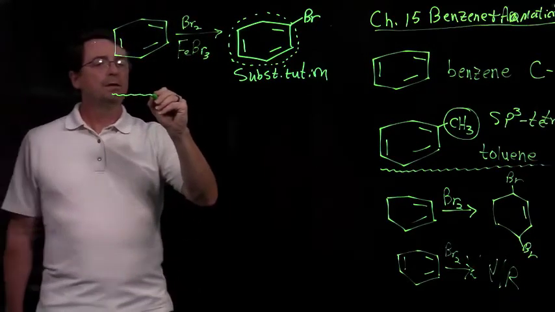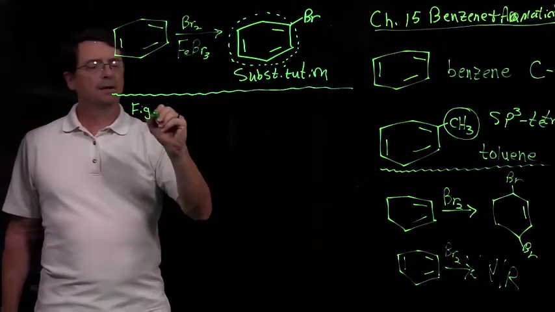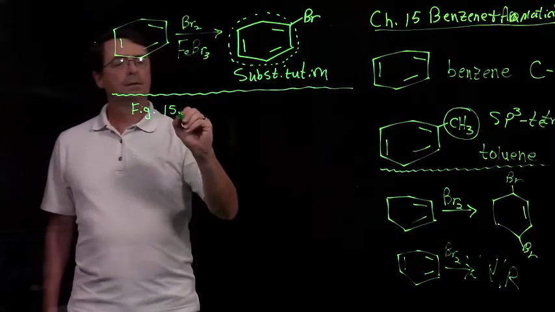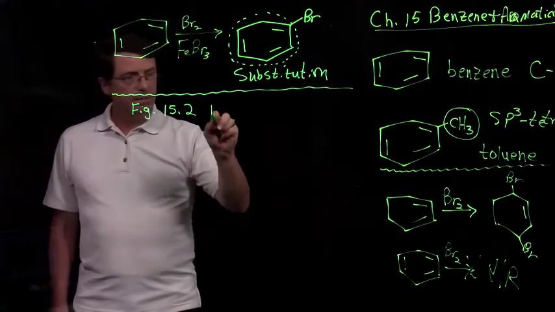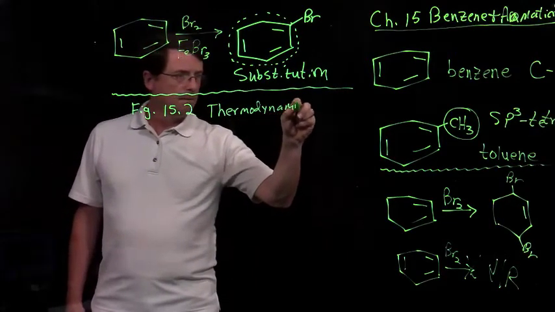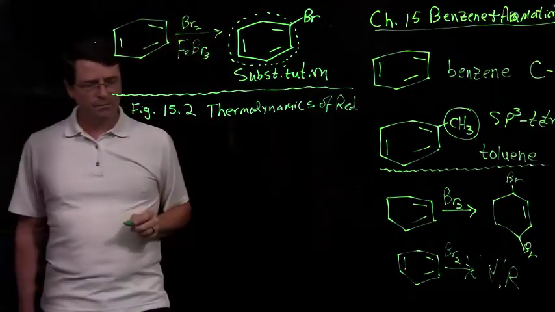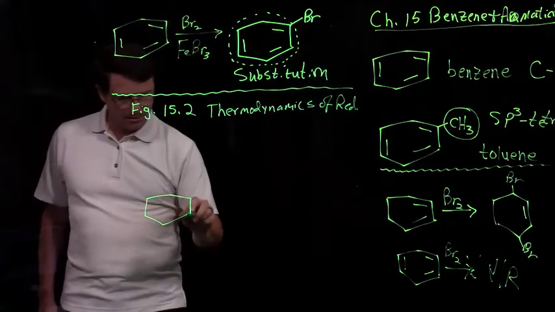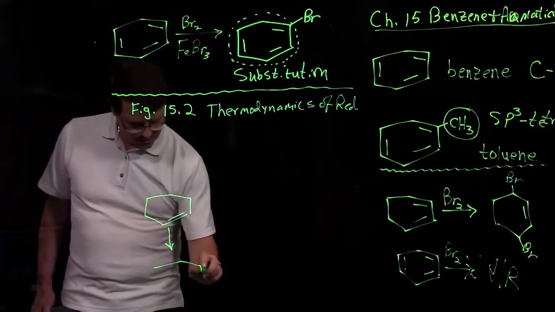And so if we look, for instance, at, let me make sure I got my figure number correct here, 15.2, we see the thermodynamics of reduction for these compounds. So what we're going to do is we're going to compare the reduction of cyclohexene to cyclohexane.